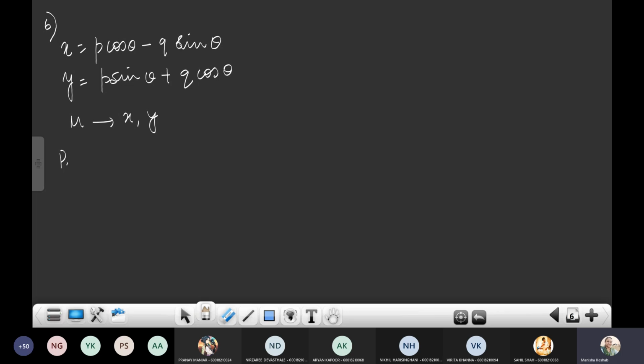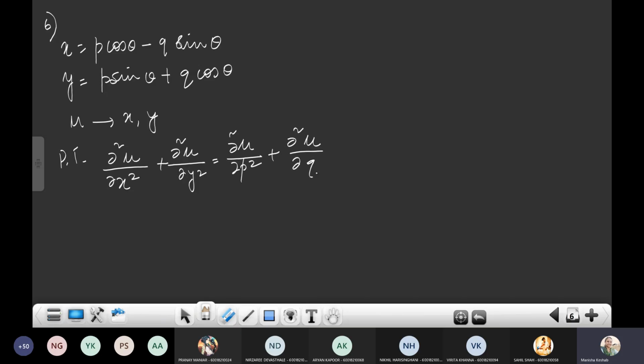Then prove that del square u del x square plus del square u del y square is equal to del square u del p square plus del square u del q square. Okay. So this is basically second order.